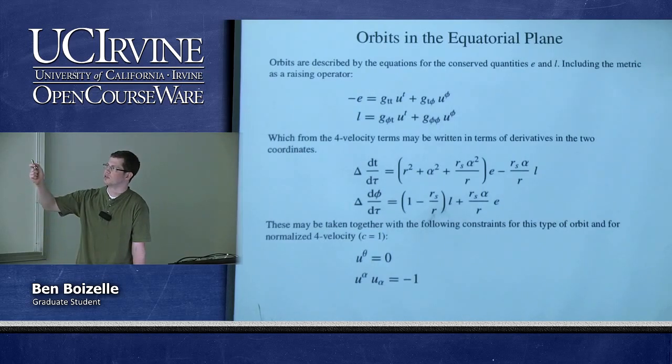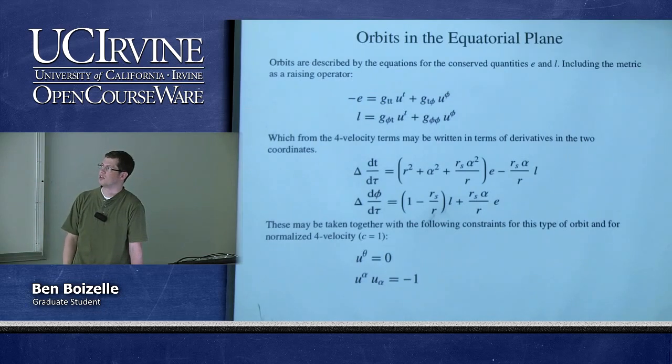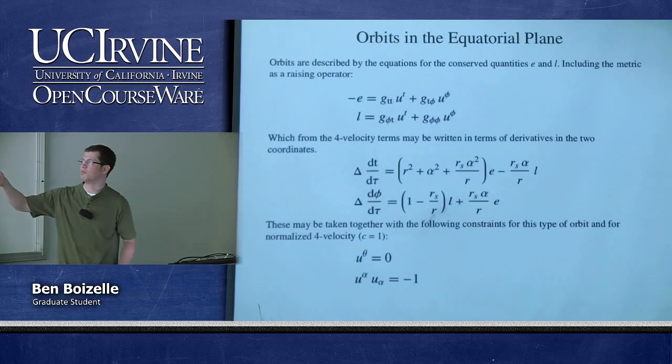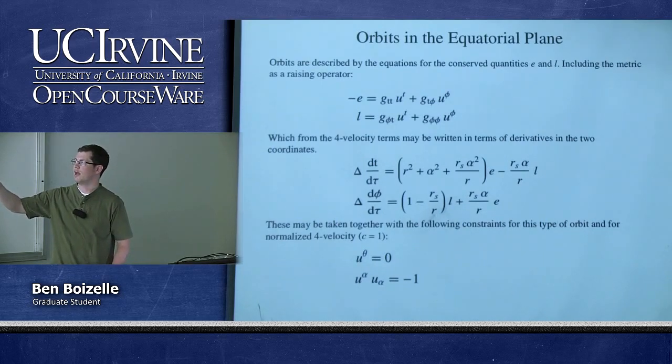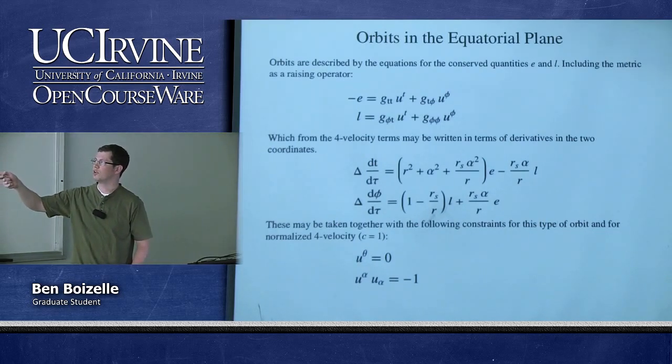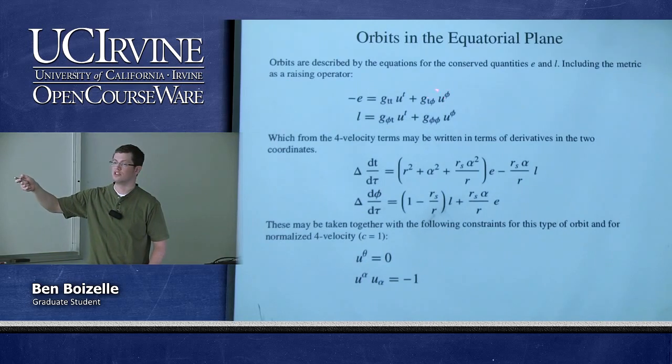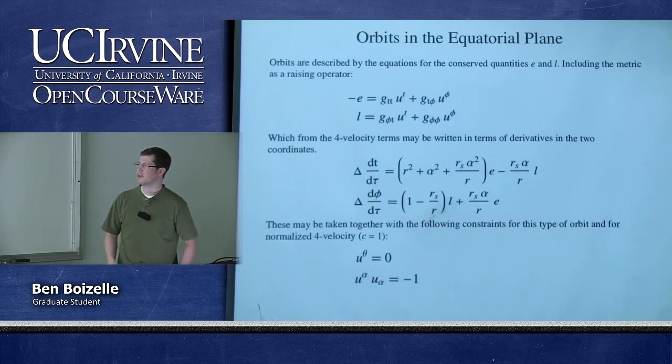But when we write out E equals psi times the 4-velocity u, you get the metric included here, and when you solve this, noticing that this is just d phi d tau, you're able to solve this for two equations, one in t and one in phi.